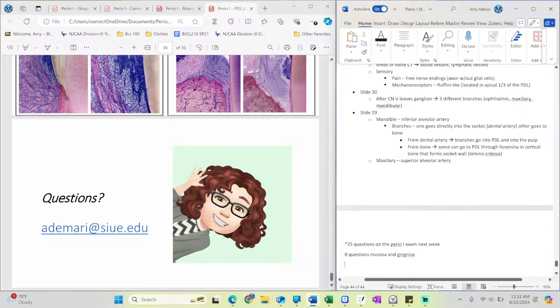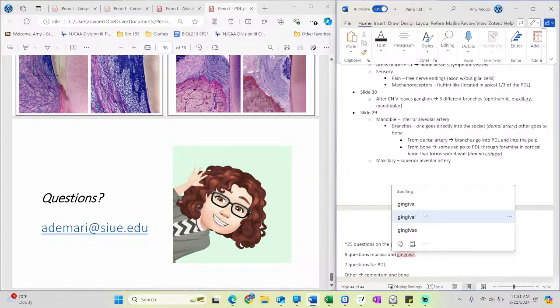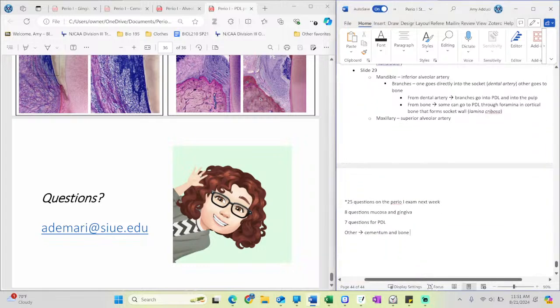I think I have 7 questions for PDL, and the others are more or less the same for cementum and bone. Okay. But I have very few histology ones, very, very few. And then what I can tell you for sure, you need to know the groups of fibers in the gingiva and the groups of fibers in the PDL. I have questions for that. Okay. And that's very important for the future.